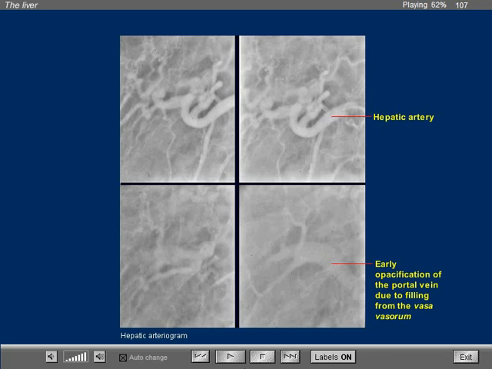This patient had severe obstruction of the transhepatic portal flow through the liver, and there was also a very large collateral pathway towards the portal vein from the expanded vasa vasorum of the hepatic artery. So this is arteriovenous communication that occurs in the central portion of the liver.